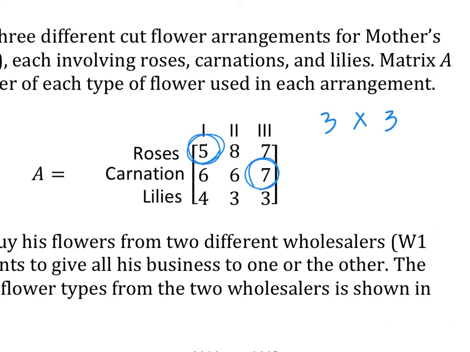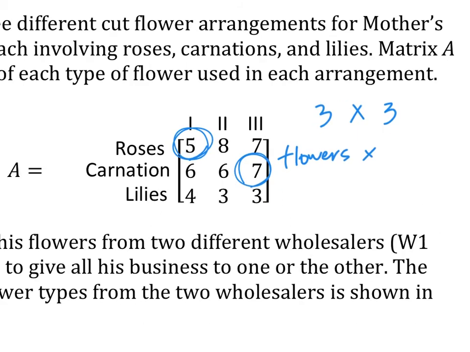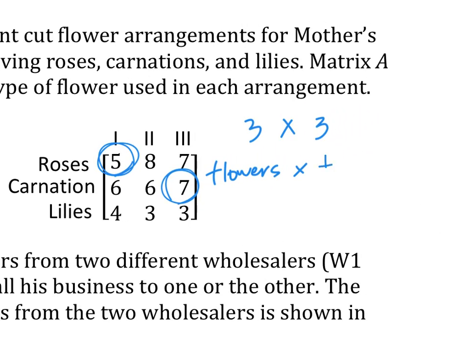What do rows represent? The flowers. Remember, rows go horizontal, so that means the flowers. What does the column mean? Arrangement. Let's just call it type. Arrangement's too long to write. Okay, so columns are the types of arrangement.